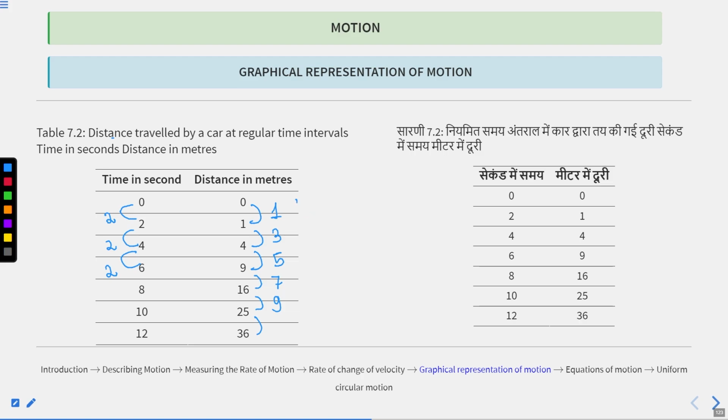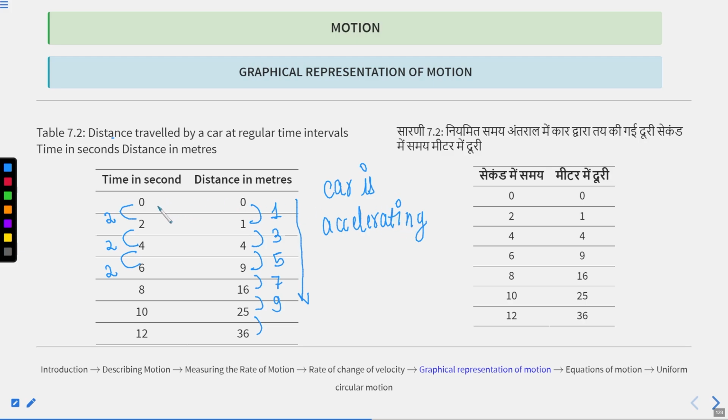So the distance is increasing. What does it mean? It means that the car is accelerating. The time interval is the same, but the distance is increasing continuously.